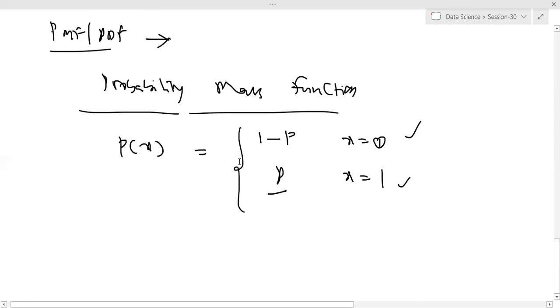And suppose I am writing this same thing in another form, friends, have a look at this: P power X into (1 minus P) whole power (1 minus X), where X belongs to {0, 1}.